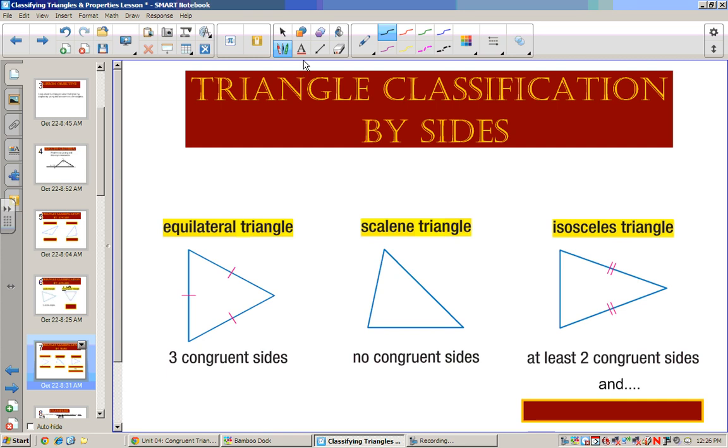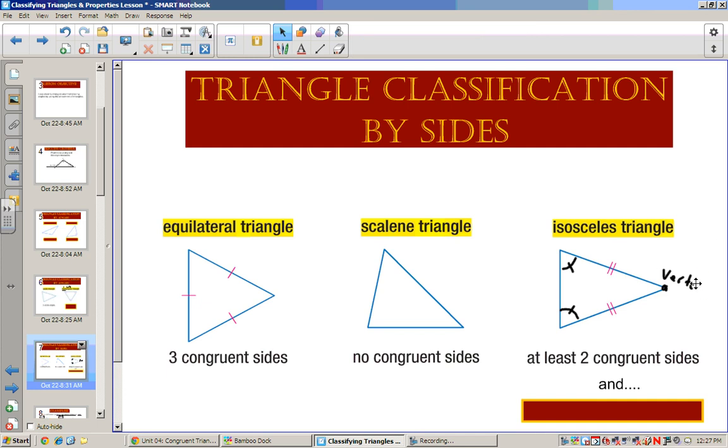Now there's something we need to know about isosceles triangles, and it's that the angles across from these congruent sides are going to be congruent. So this angle and that angle are going to be congruent. This angle here we call the vertex.